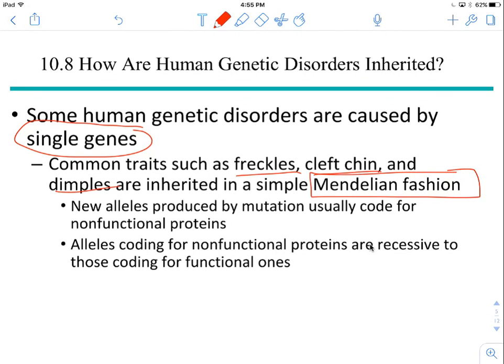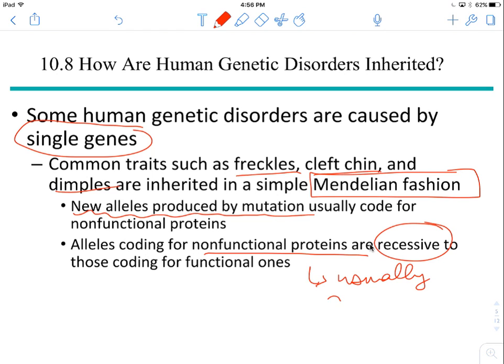So there's a dominant allele and a recessive allele, and it just works the normal way. When new alleles get produced via mutations, they usually encode non-functional proteins. That way, the non-functional alleles are usually recessive, and they are the ones that cause whatever disorder we're looking at.